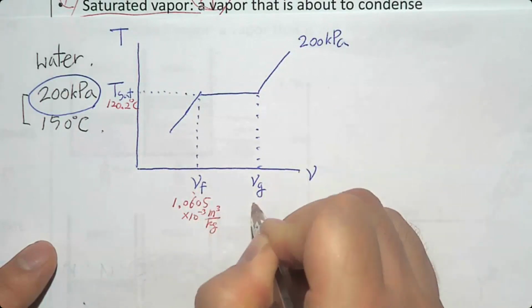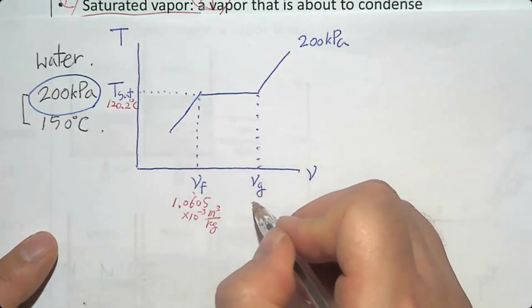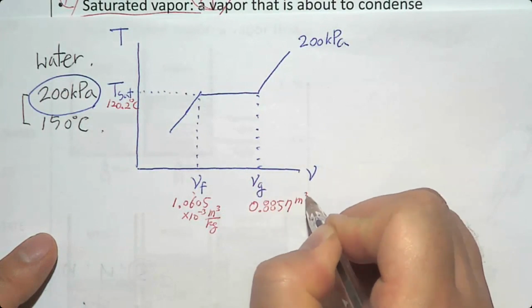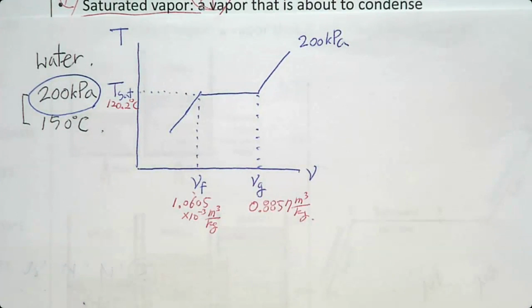What about Vg? 0.8857 cubic meters per kilogram. So we are almost ready to use this TV diagram.